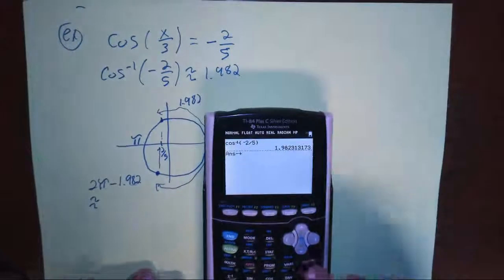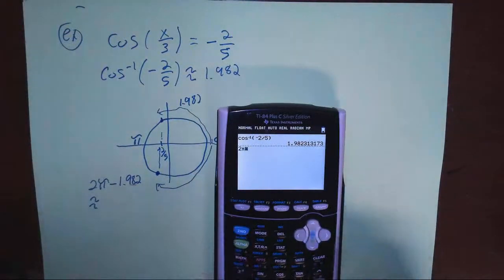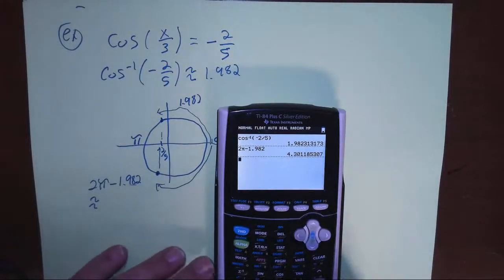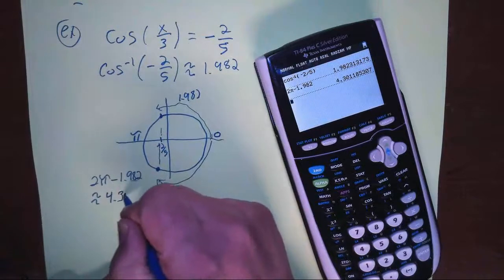I get 2 pi minus 1.982, and I get 4.301.